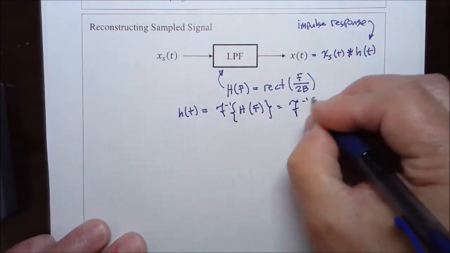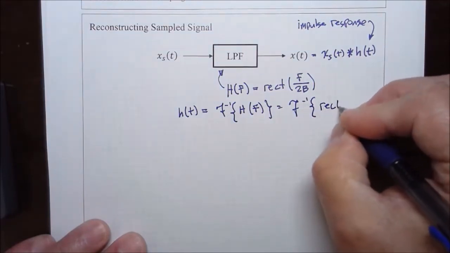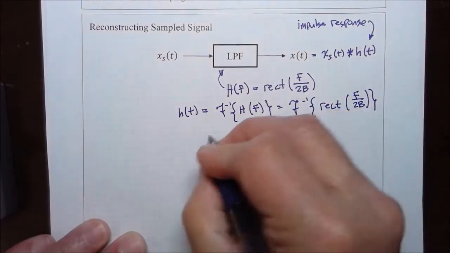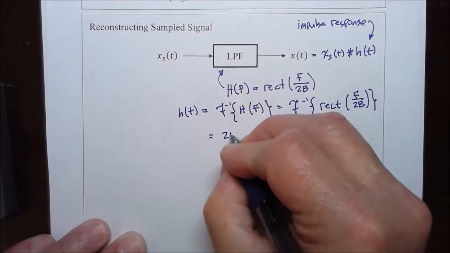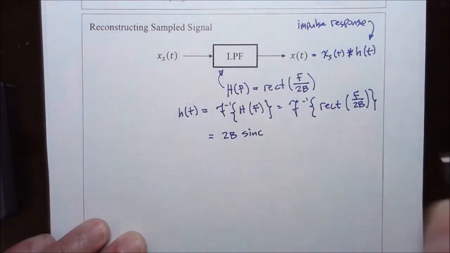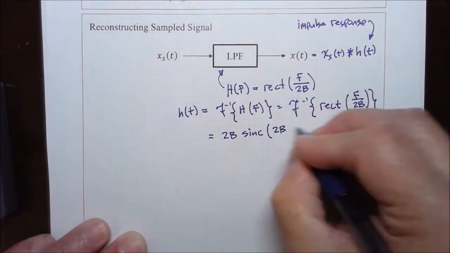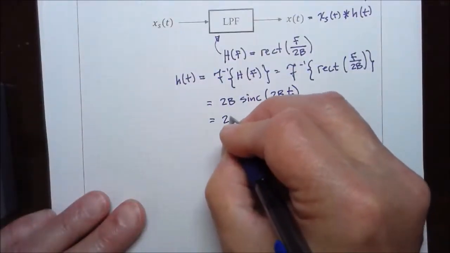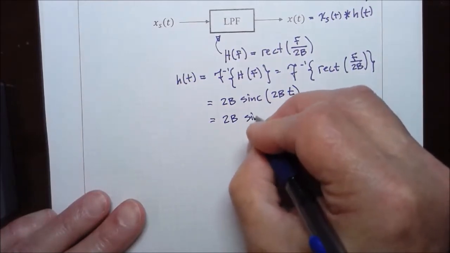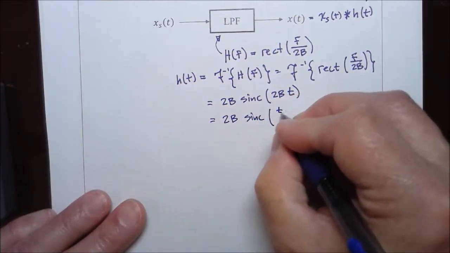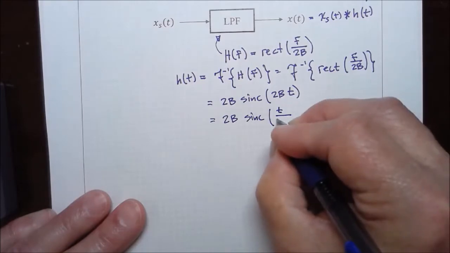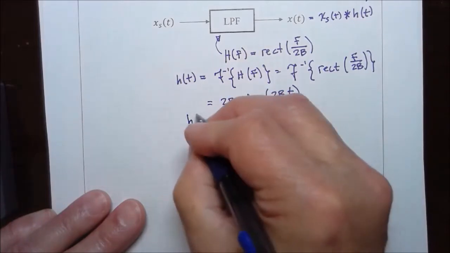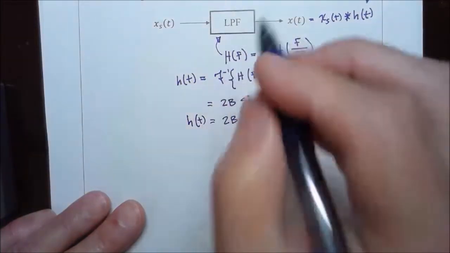So that's going to be the inverse Fourier transform of rect of f divided by 2B, which is going to be 2B times the sinc of 2Bt, which is the same thing as 2B times the sinc of t divided by 1 over 2B. That's the impulse response for this low-pass filter.